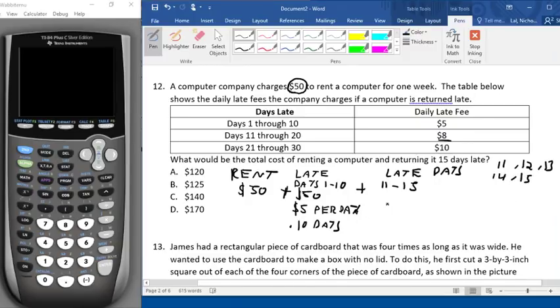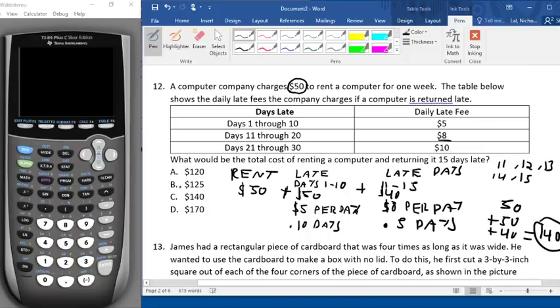So that's $8 a day times 5 days. So 5 times 8 is 40. So that's going to be plus $40. So 50 plus 50 plus 40 is equal to $140, and that's answer choice C.